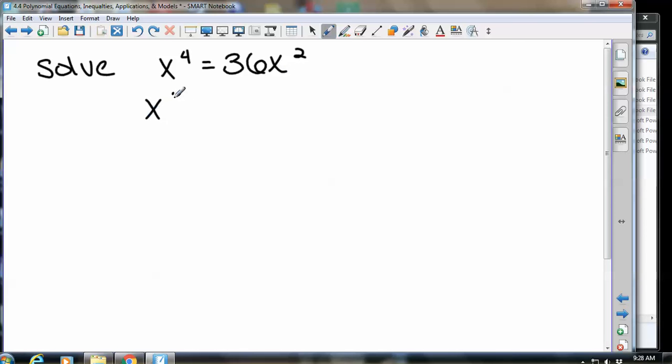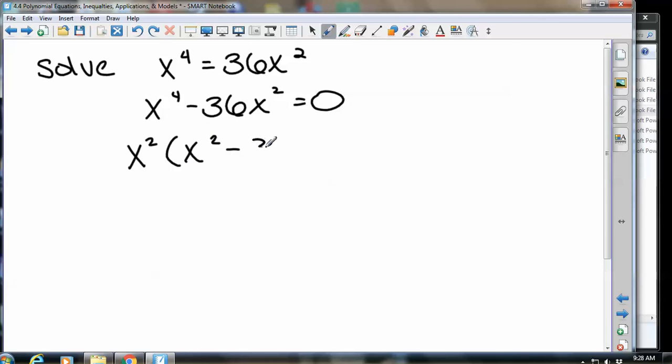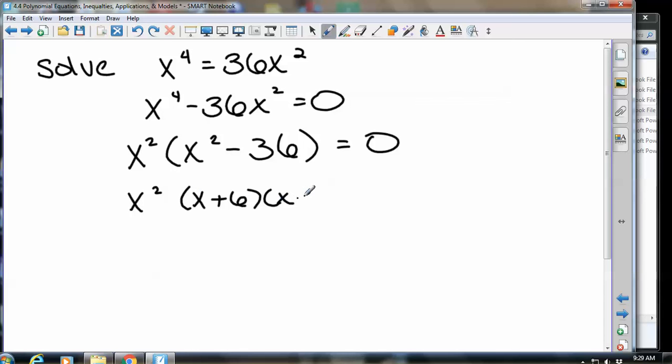If it didn't have the x over here, you could set it equal to 0, so subtract that over. Okay, first step to factoring, what do I need to look for? Common. There's common factor. What can I pull out? Right. This can break into x plus 6, x minus 6.